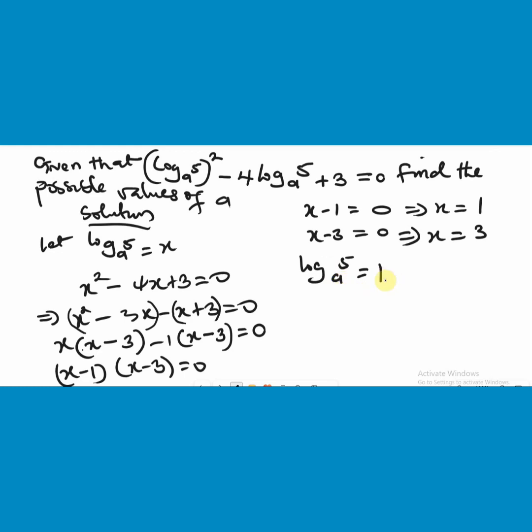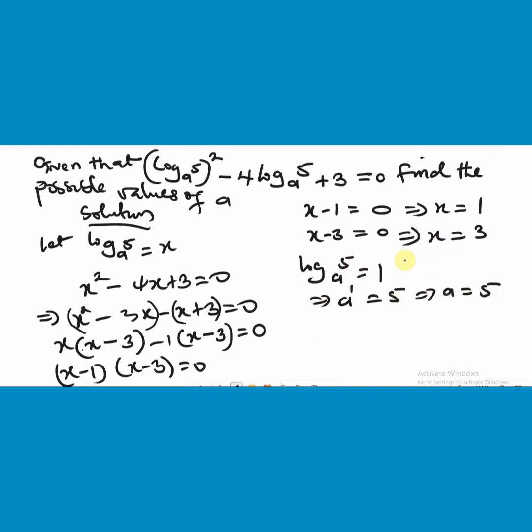Doing that, using the index or exponential rule of logarithm, this is going to be a raised to the power of 1 equals 5, so the log will disappear. And a to the power of 1 is a. That means a is equal to 5.